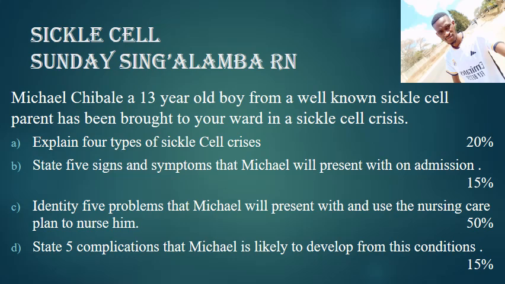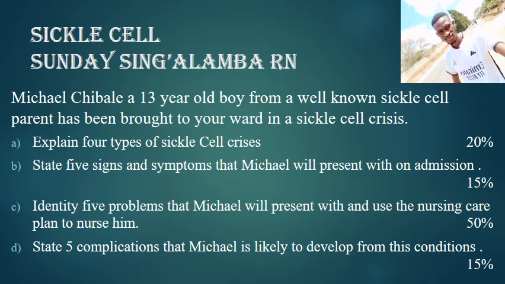Cyanosis will come in due to tissue hypoxia. This child may also present with painful erection. Yes, the child will also present with painful erection on admission. Okay, so those are some of the clinical features, signs and symptoms that Michael presents with on admission.